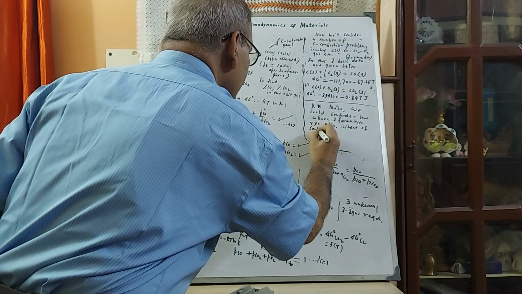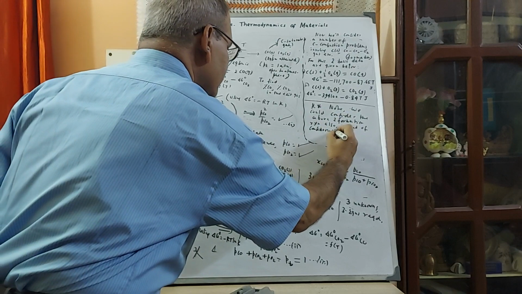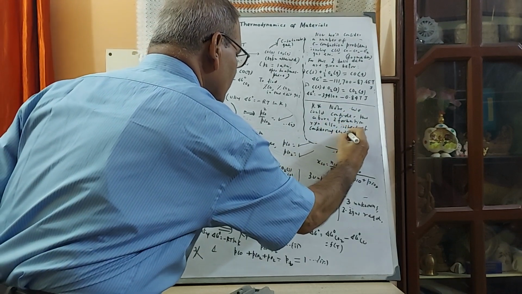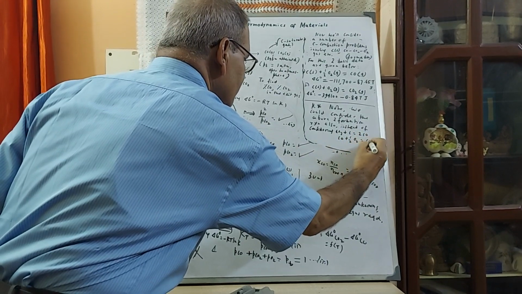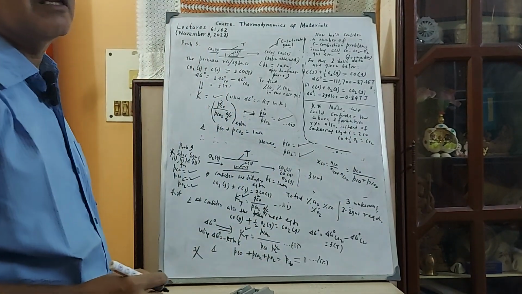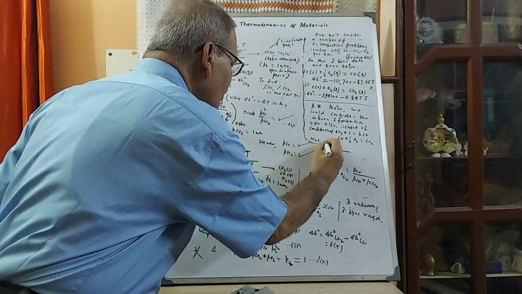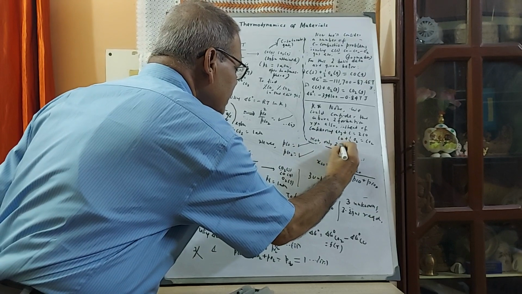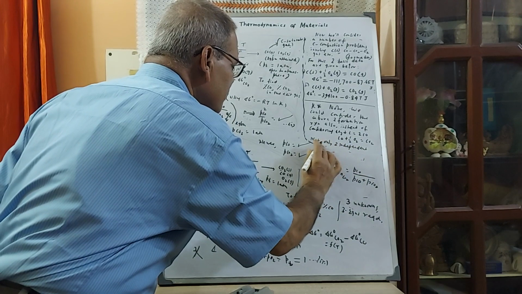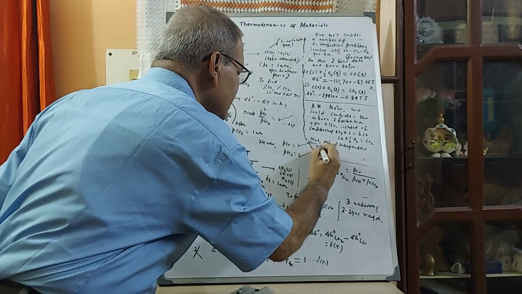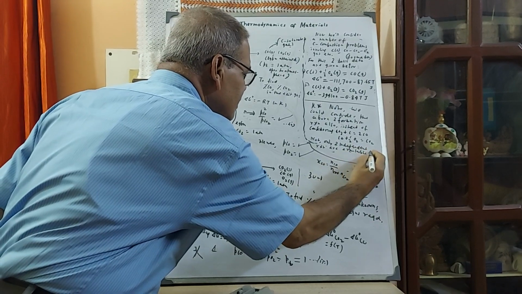Considering CO2, I'm writing CO2 plus C is 2CO, and CO plus half O2 is CO2. Note: only two independent reactions are available in the system.